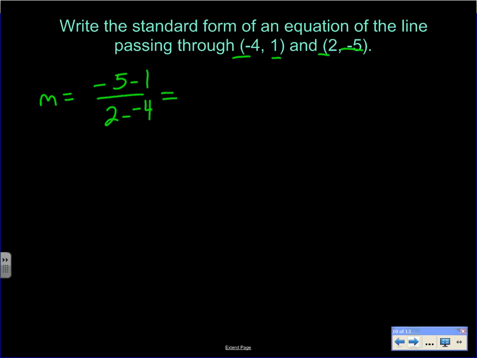On the top, negative 5 minus 1 gives you a negative 6. And on the bottom, 2 minus negative 4, well, we know minus and negative, we have to add. 2 plus 4 is now going to be 6. So now that we have negative 6 over 6, a negative divided by a positive is negative, and 6 over 6 is 1. So now we have a slope of negative 1.